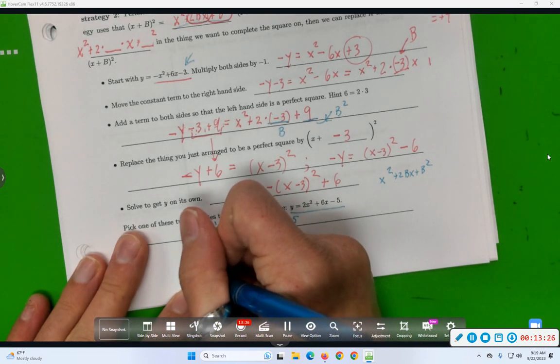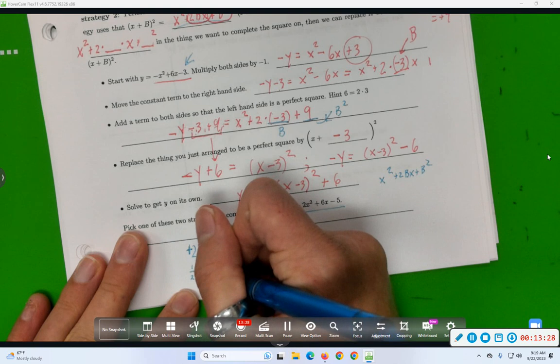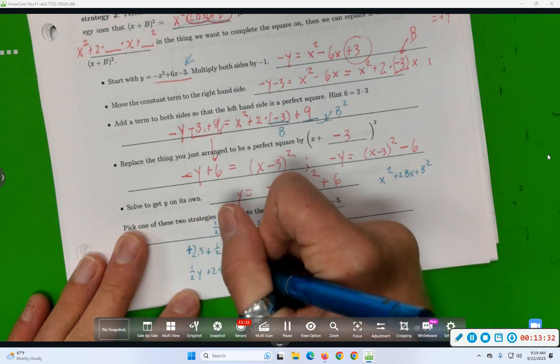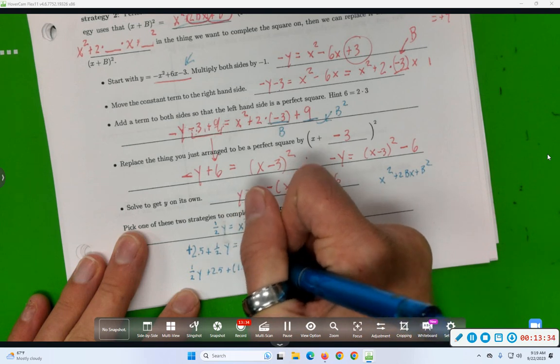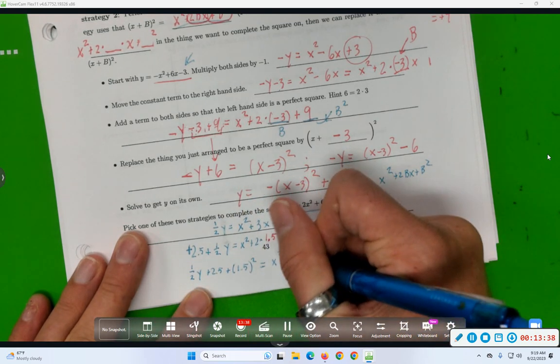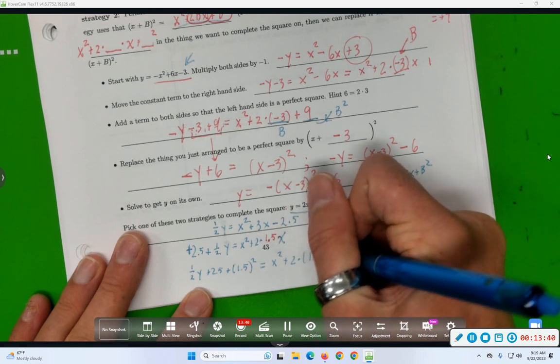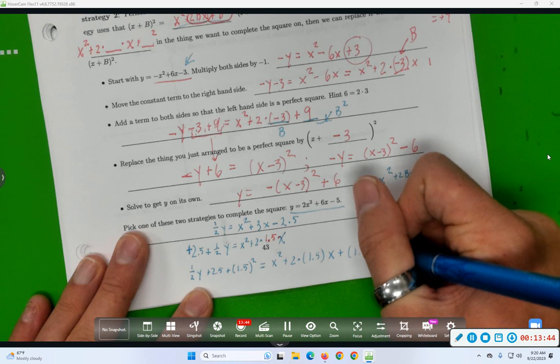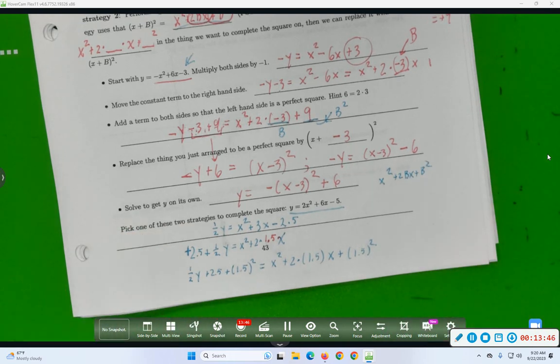That'll give me 1/2 y plus 2.5 plus parentheses 1.5 squared is equal to x squared plus 2 times 1.5 x plus 1.5 squared.